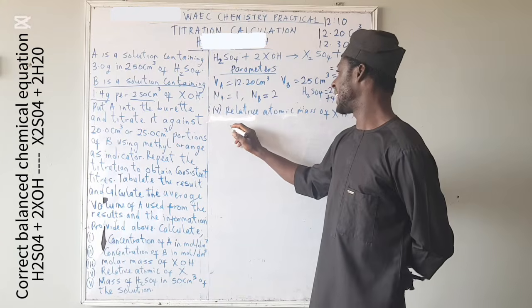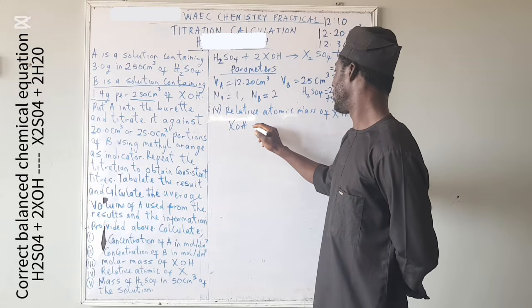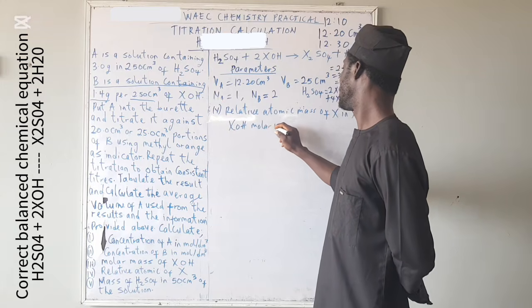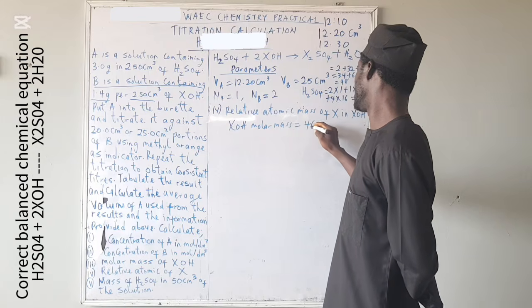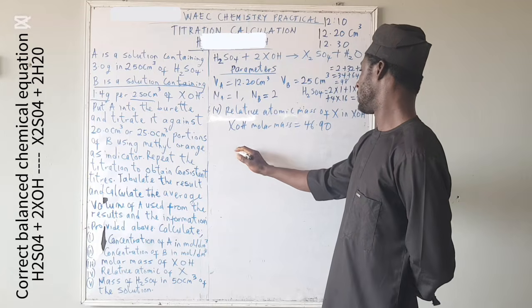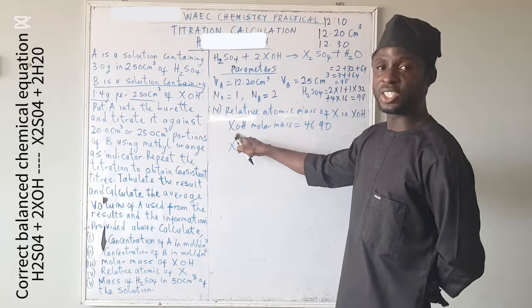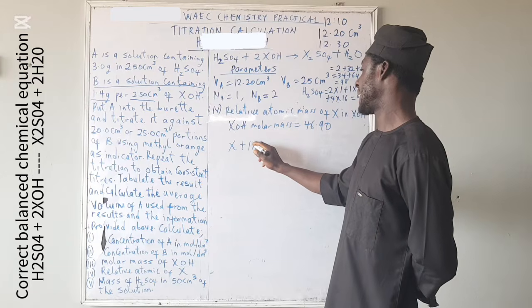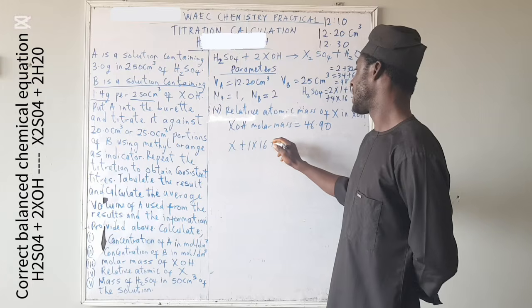So, knowing that our SOH molar mass is equal to 46.90. Now that will be my X. My X plus how many oxygen is here? 1 times the atomic mass of oxygen, 16, plus my hydrogen.